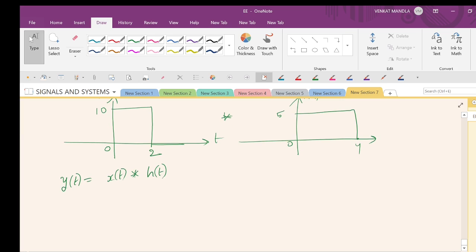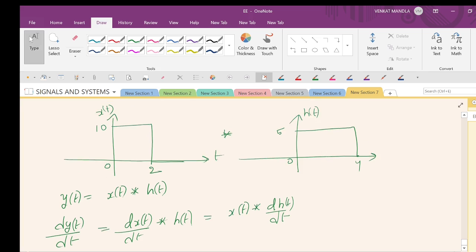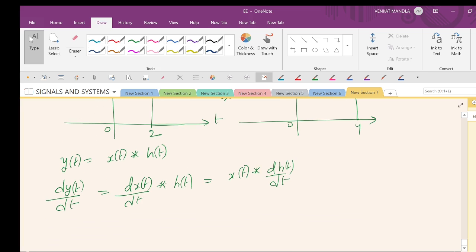First I will find dy by dt, that is dx by dt convolution with ht, or xt convolution with dh by dt. First I will find this, and then if I find this or this, I will get dy by dt. Okay, then again I will integrate it, then I will get yt.